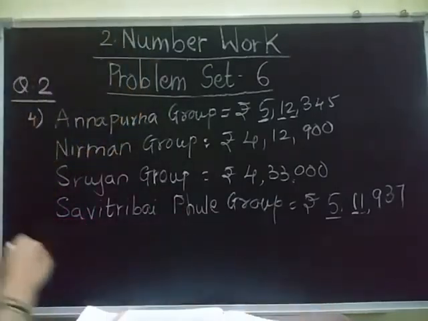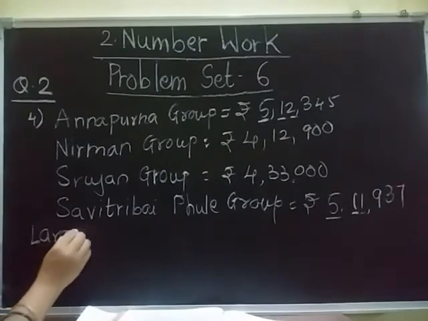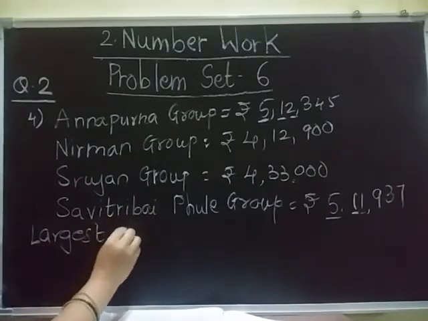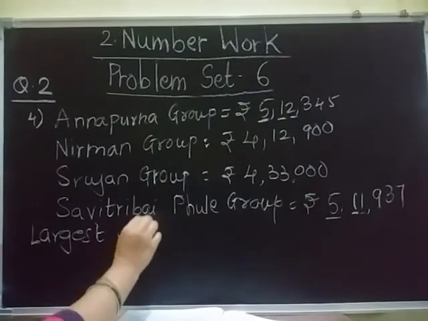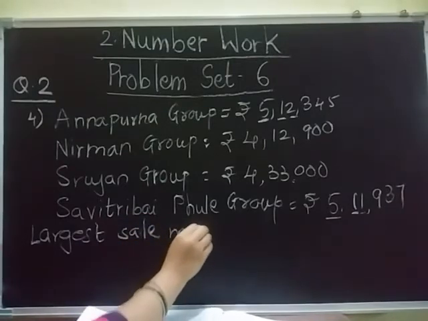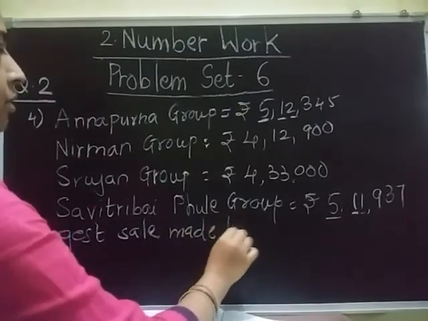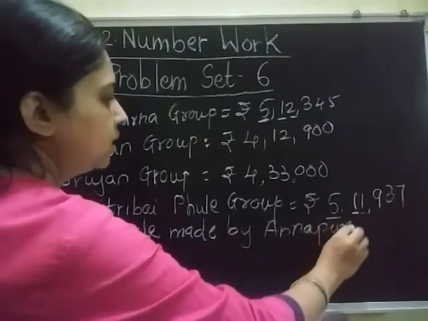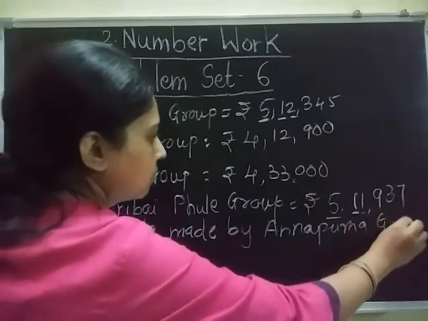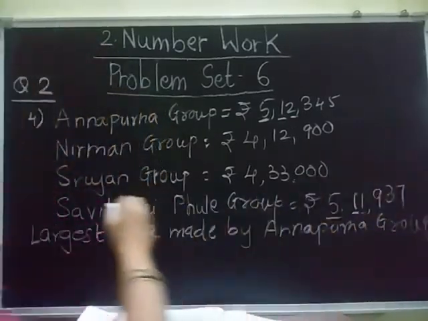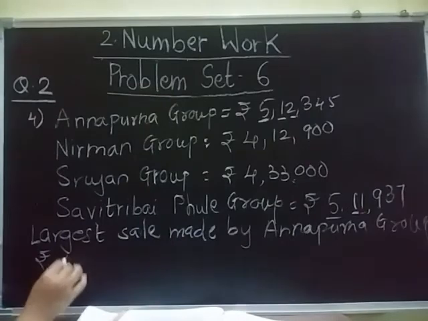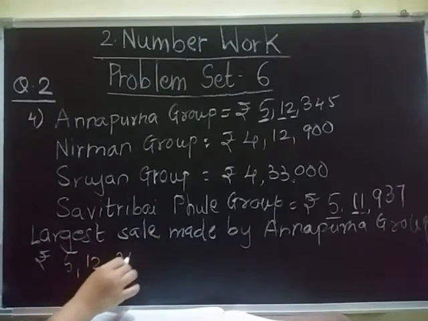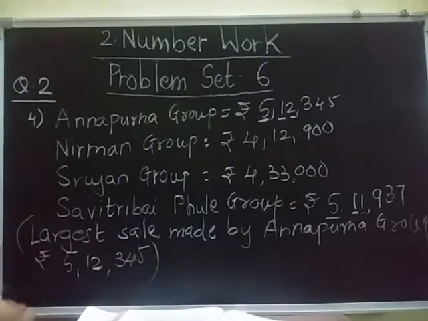Okay. So we'll write: the largest sale made by Annapurna group, rupees 5,12,345. Okay. So this is the answer of the first question.